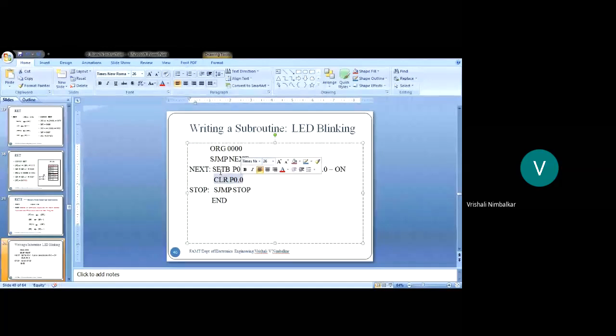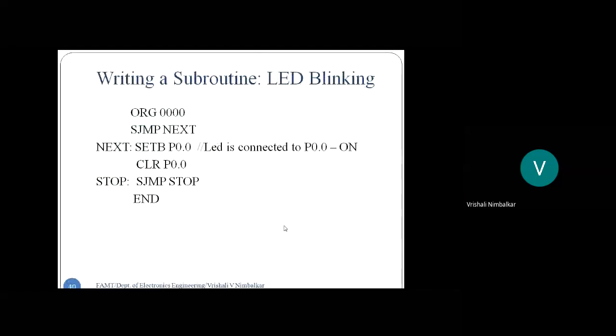How much is the clock? 12 megahertz. How much time is taken to execute this instruction? 1 microsecond. So setting the bit will happen within 1 microsecond. Again, clearing the bit will happen in another 1 microsecond. So that on and off is going to happen at a rate of 1 microsecond.